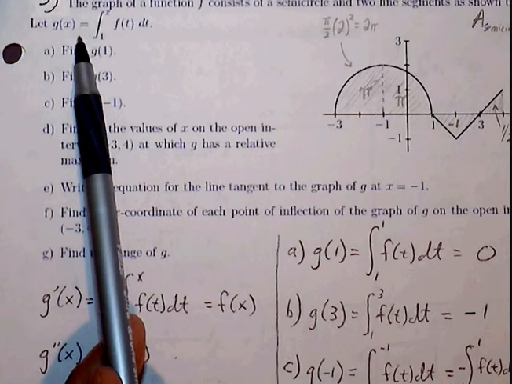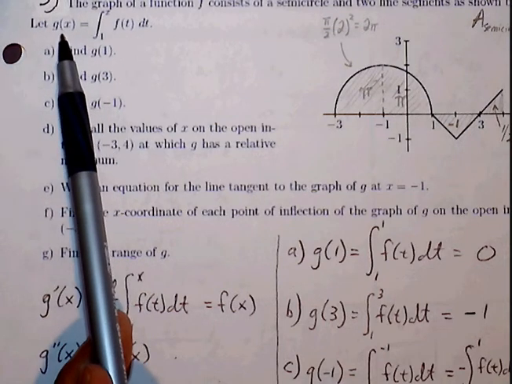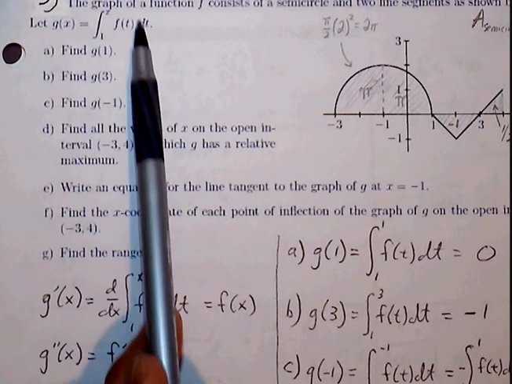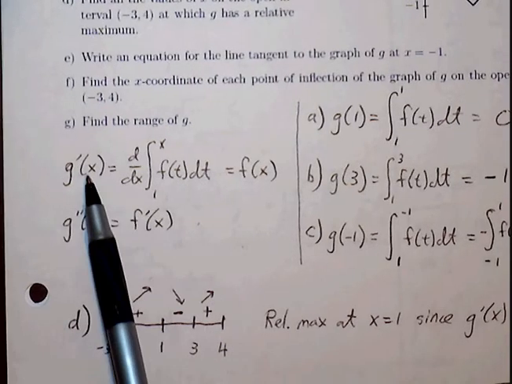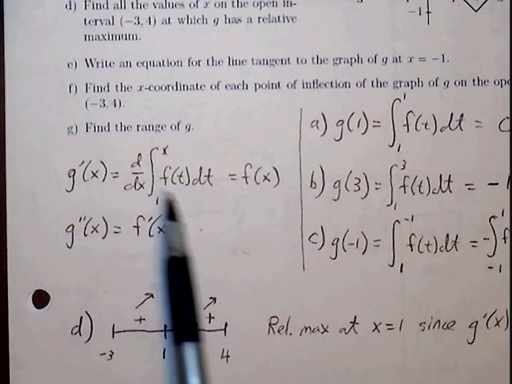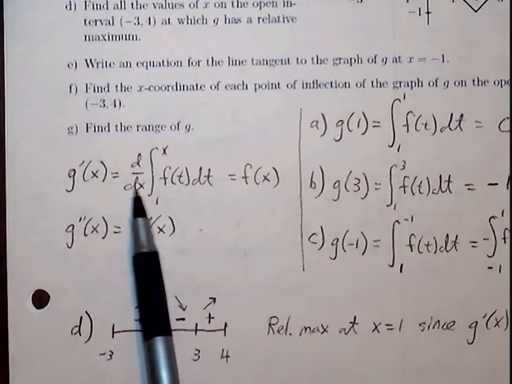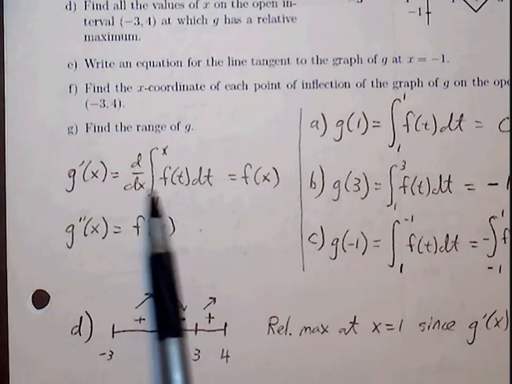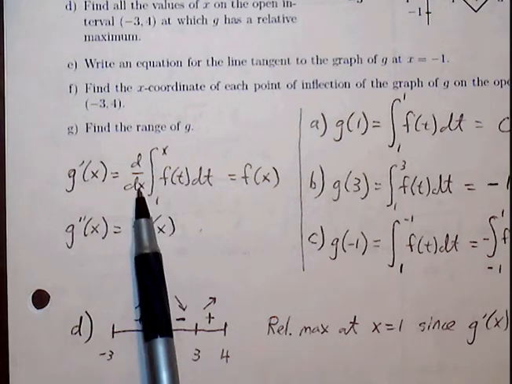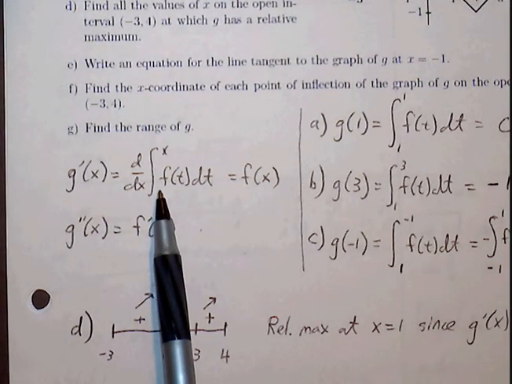So if I want to find g prime, the derivative of this function, I'm going to use the second fundamental theorem of calculus, right? The derivative of the integral of f of t dt means that these two operations are going to cancel each other out, because derivatives and integrals are inverses of each other.